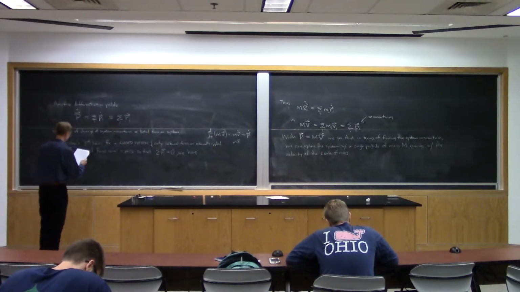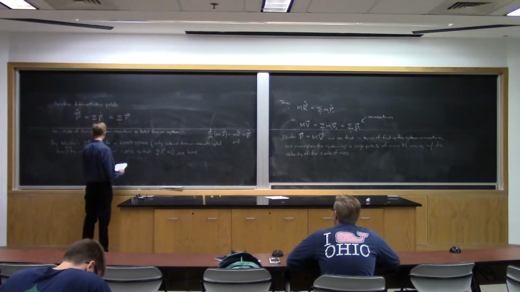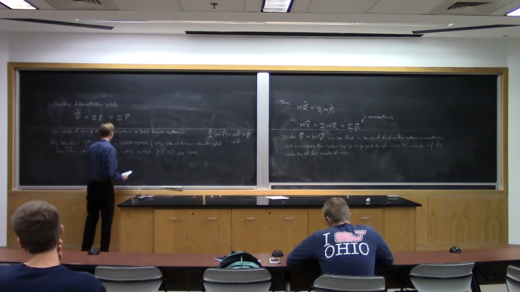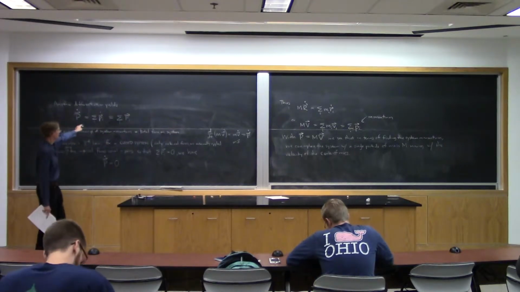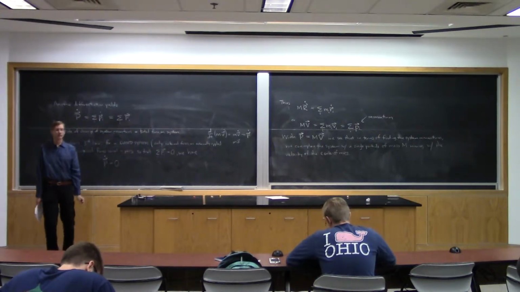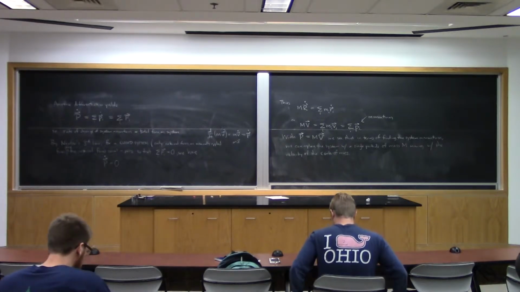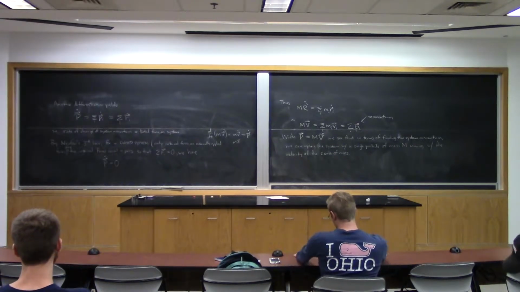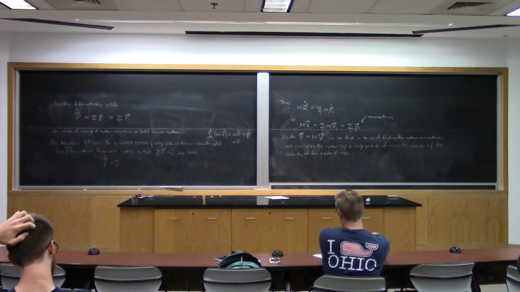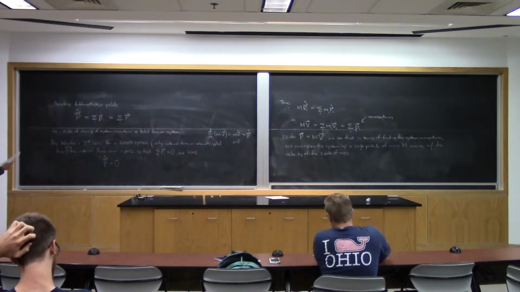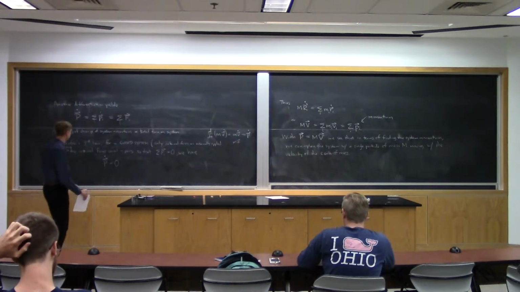We have that P dot is equal to 0, because P dot is the sum of the forces, but if we have a closed system that's only interacting with itself and nothing else, then P dot is equal to 0. Capital P dot, the system momentum dot, is equal to 0.